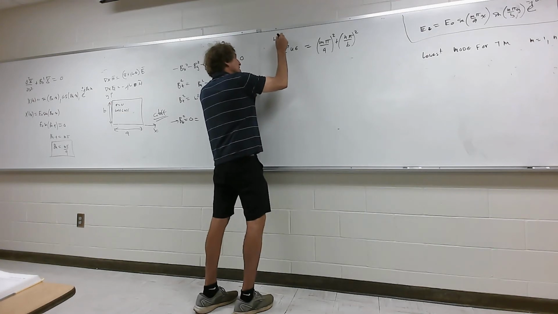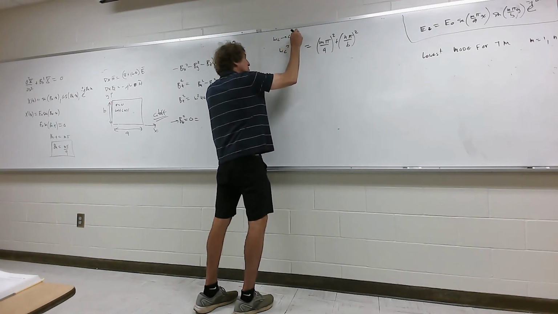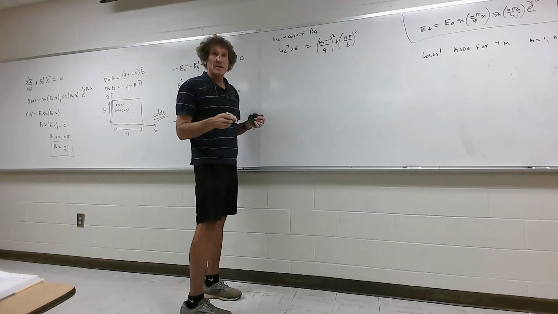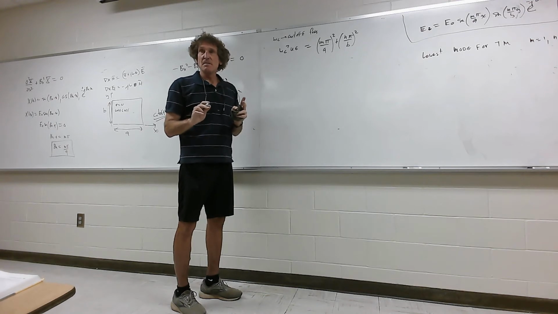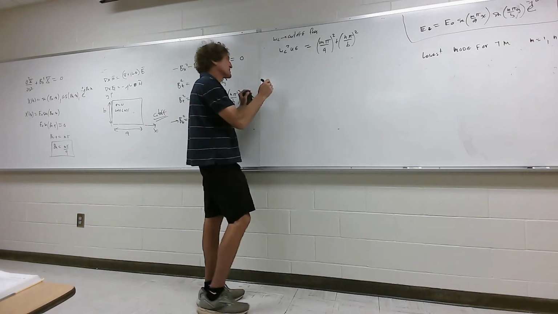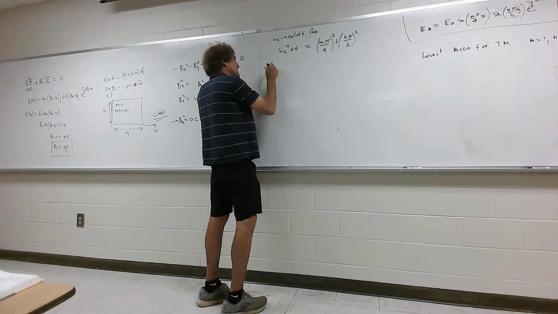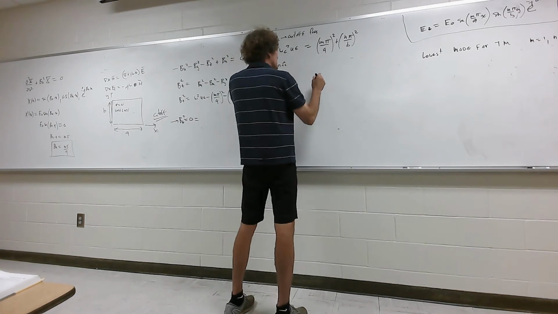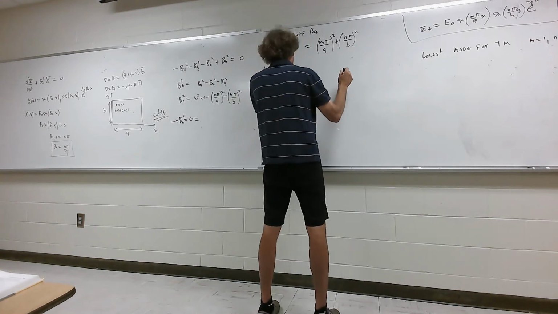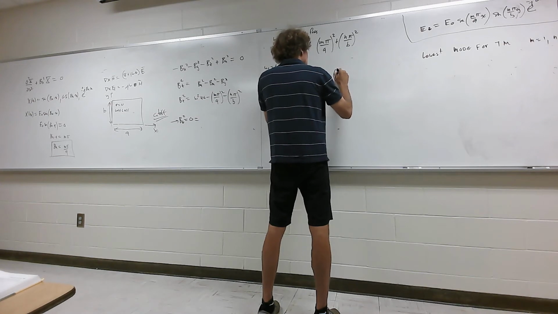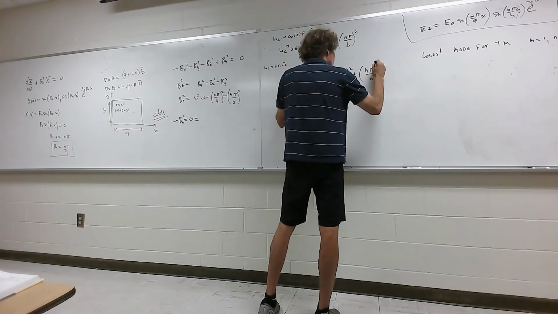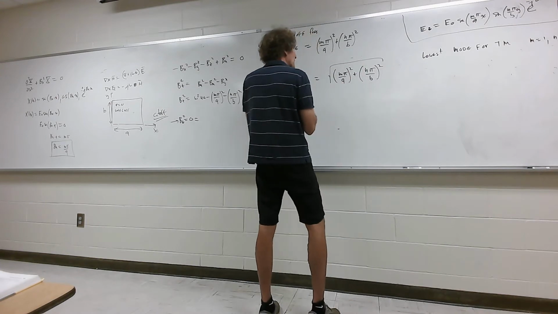Remember, omega c is the cutoff frequency in radians. Now, I'm going to rearrange this, and I'm going to let omega c be 2 pi fc. So omega c is 2 pi fc. That's the cutoff frequency I'm after. And when I do this, I find out that I have the square root of m pi over a squared plus n pi over b squared.